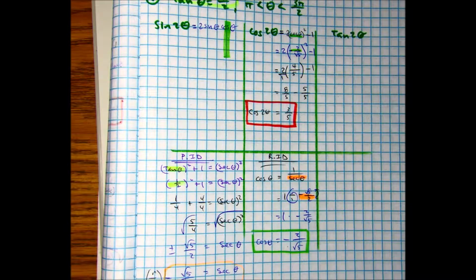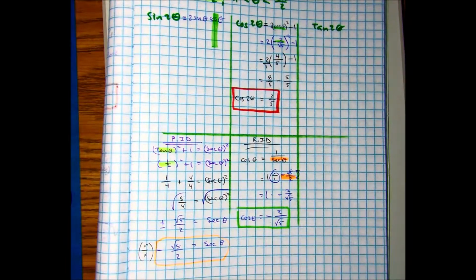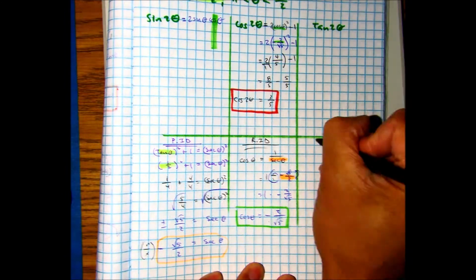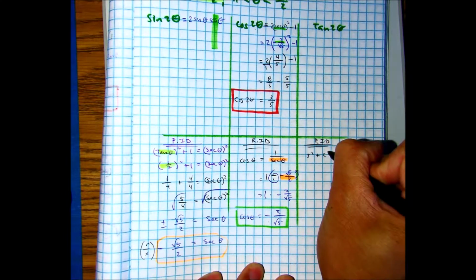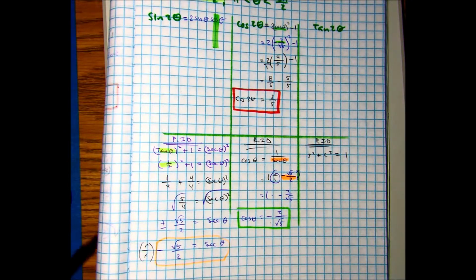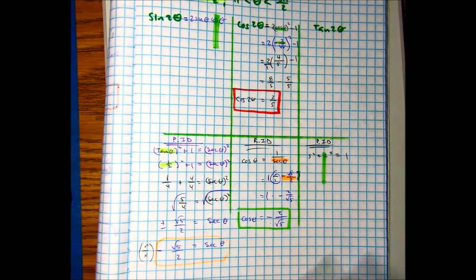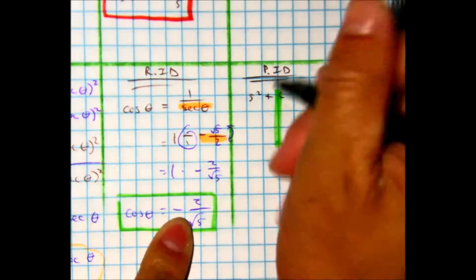Jason, what identity did you use to find sine? Tell me the Pythagorean identity. Okay. So we already have cosine. Cosine is negative. Kind of weird, but we abbreviated. And then we also wrote, we didn't rationalize, right?